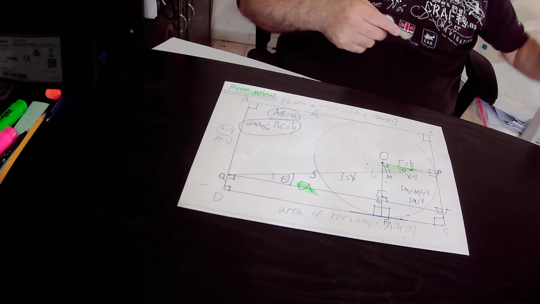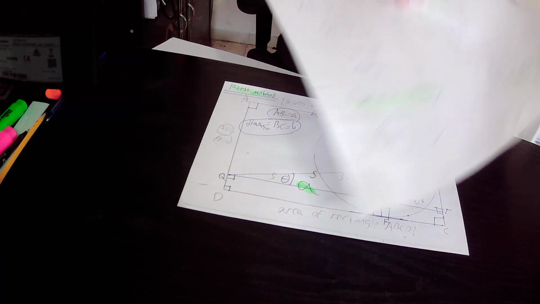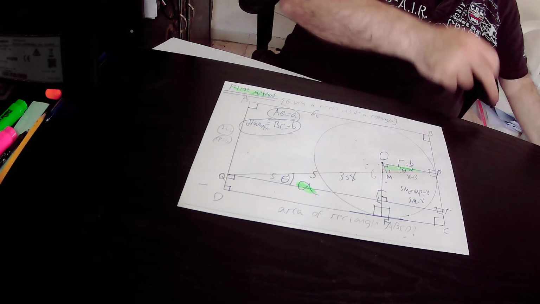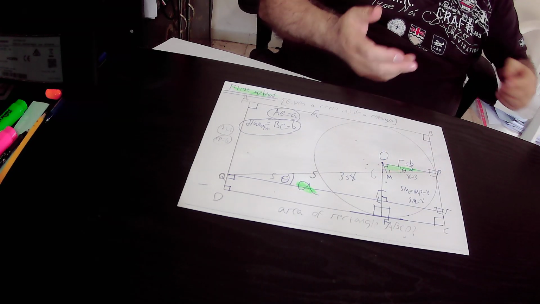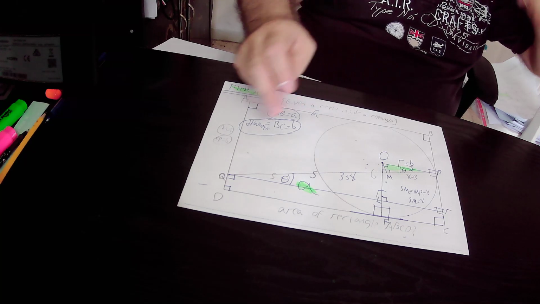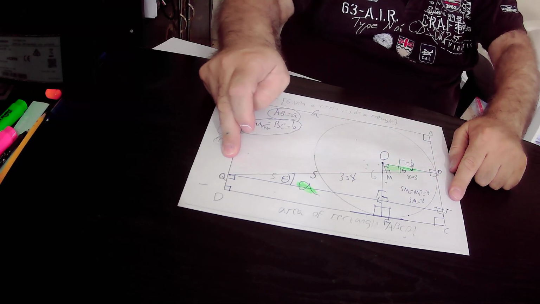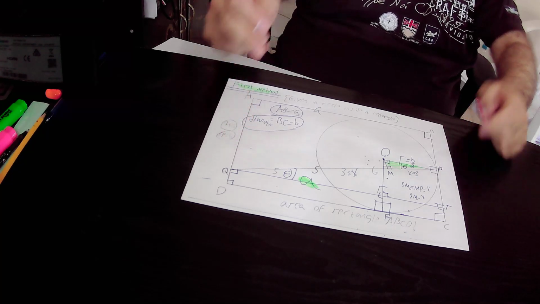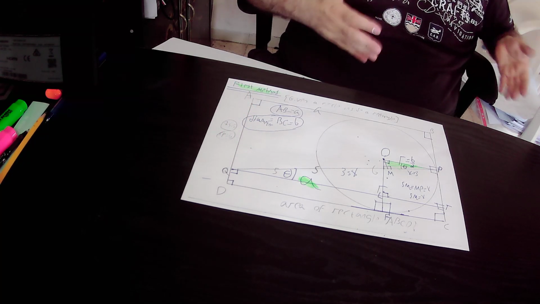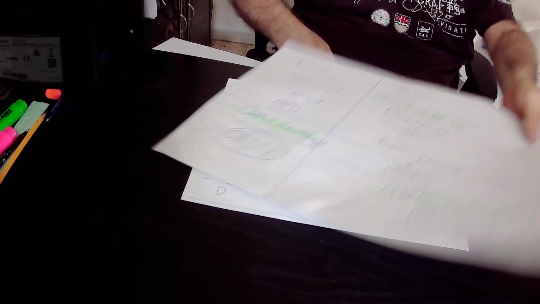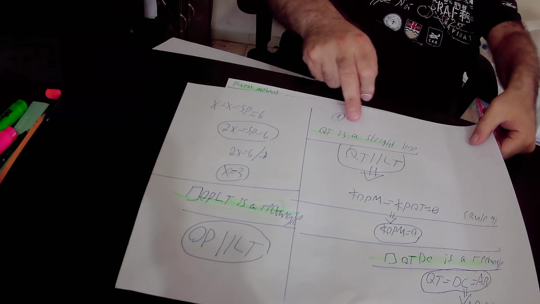The opposite sides of a rectangle are parallel to each other. Therefore OP is parallel to LT. But LT is part of the perpendicular QT. QT is a perpendicular, it is absolutely a straight line.